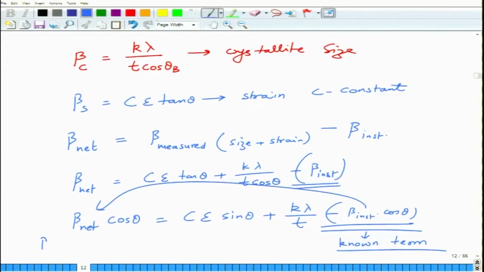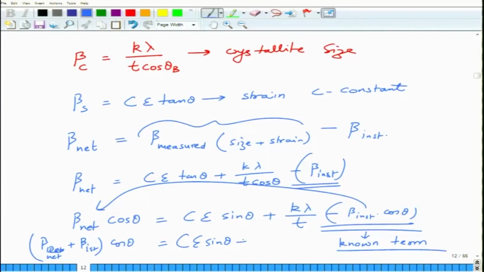So, this will become beta observed, that is beta net plus beta instrument, into cos theta, equal to C epsilon sin theta plus k lambda divided by T, and this is a known term.